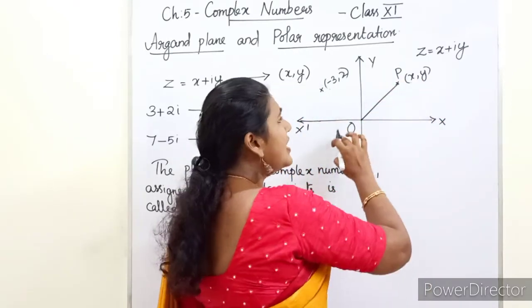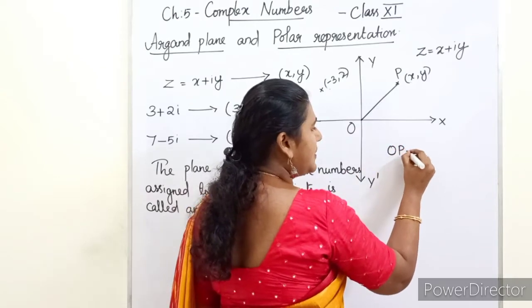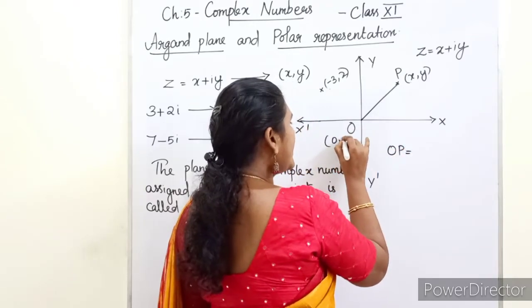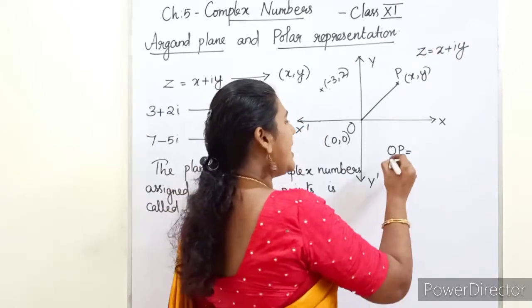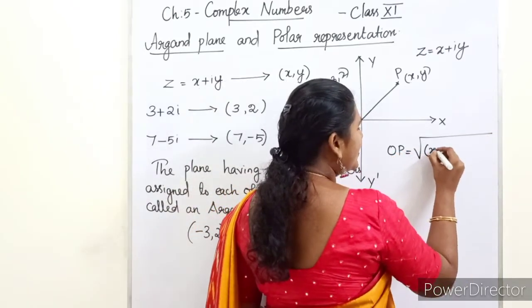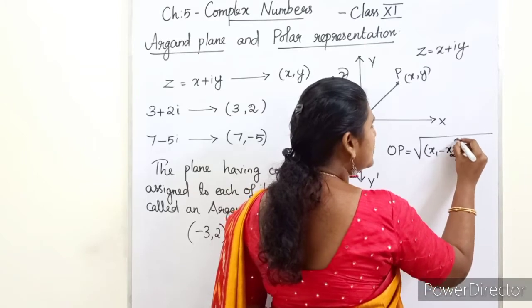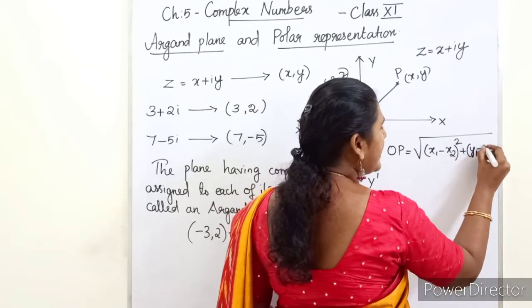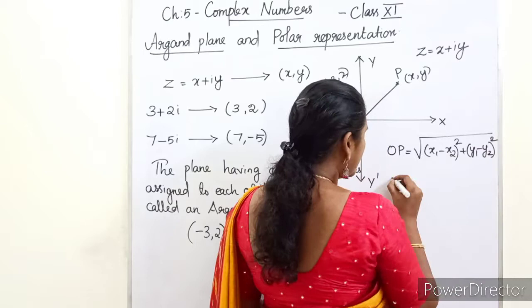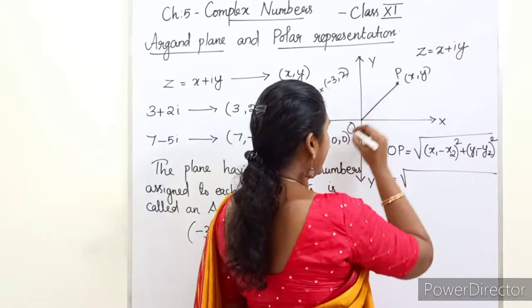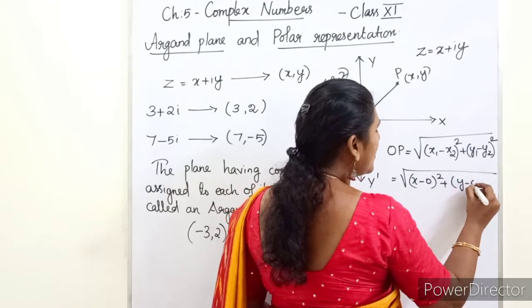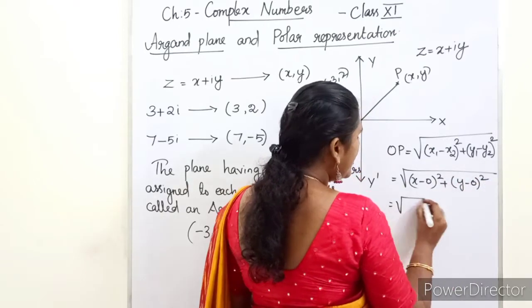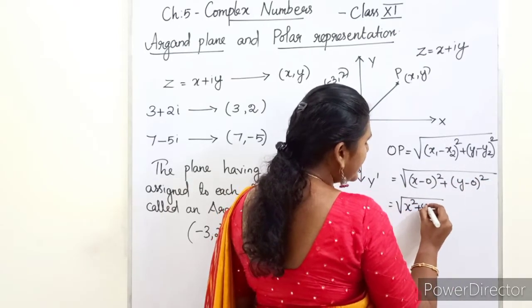We can use the distance formula. You know the coordinates of the origin are (0, 0). Using the distance formula, we can write root of (x1 minus x2) the whole square plus (y1 minus y2) the whole square. So we substitute: (x minus 0) the whole square plus (y minus 0) the whole square. When you simplify, you will get root of x square plus y square.